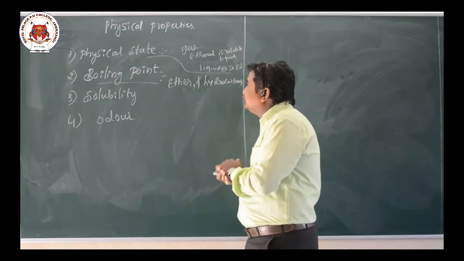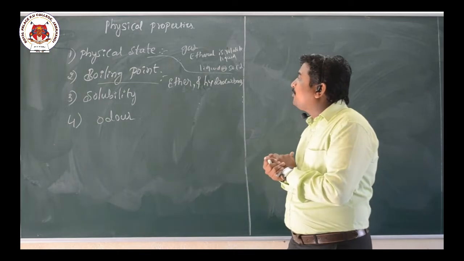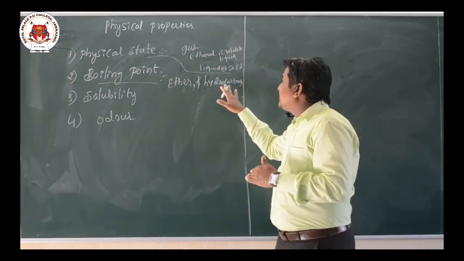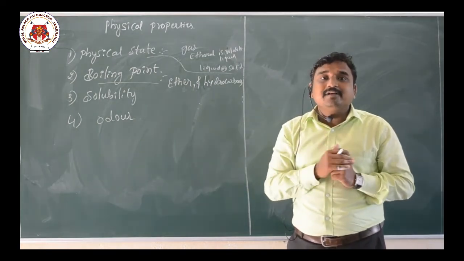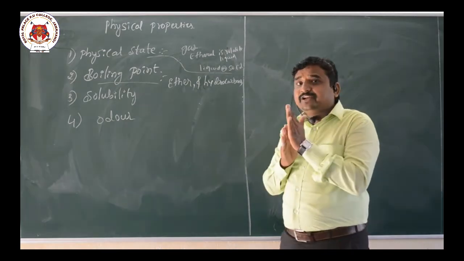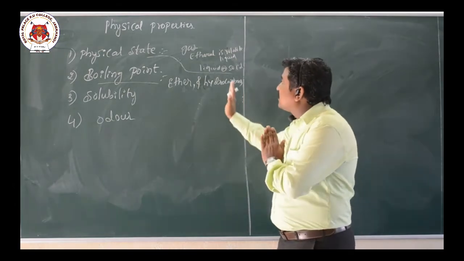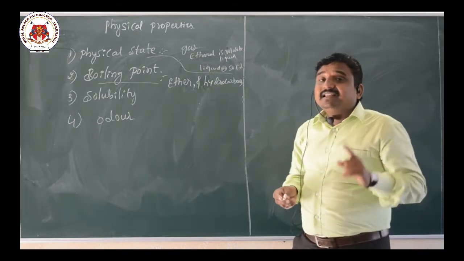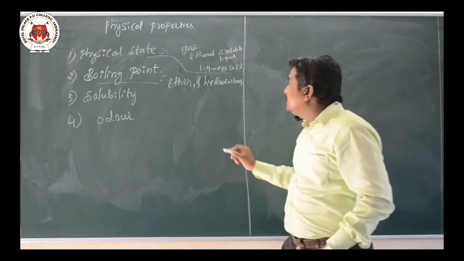Due to dipole-dipole interaction, the boiling point of aldehydes and ketones is higher than that of ethers and hydrocarbons having comparable masses. Whereas the boiling point of aldehydes and ketones is lower than that of alcohols.